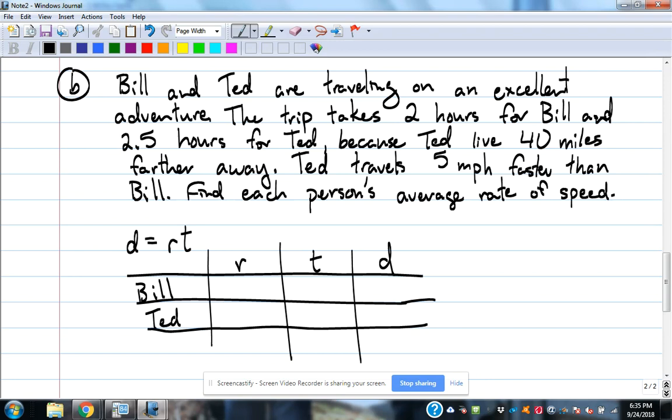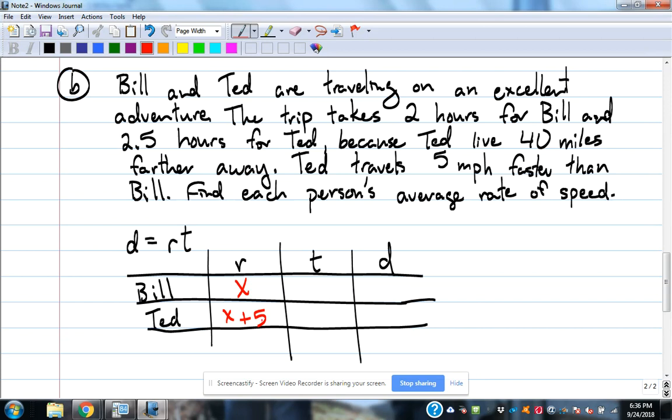Okay? Now, we know that Ted travels how much faster than Bill? All right, so whatever rate Bill is at, Ted is plus 5 to that. So if Bill is at X, then Ted would be at X plus 5. We don't know either of their rates.